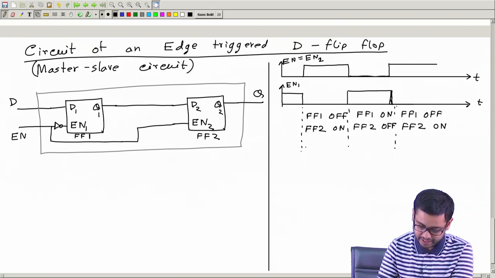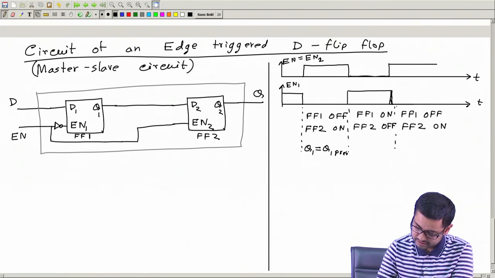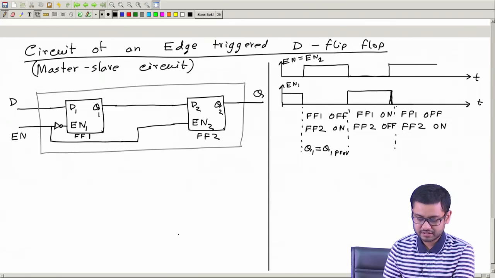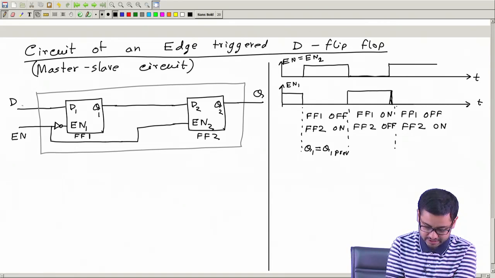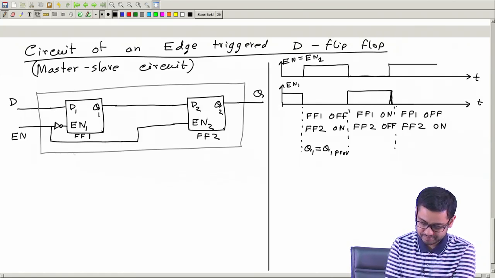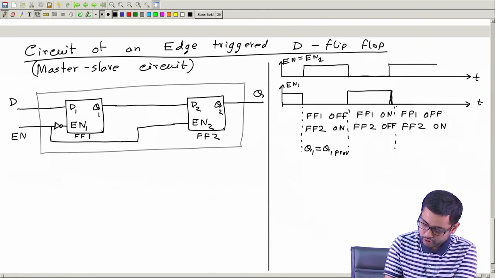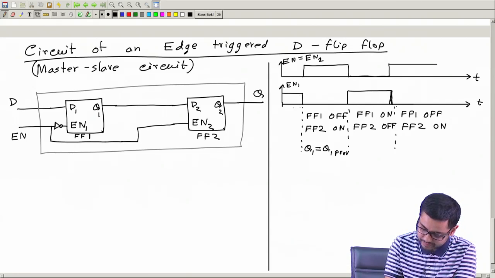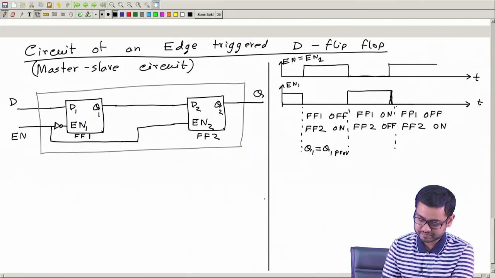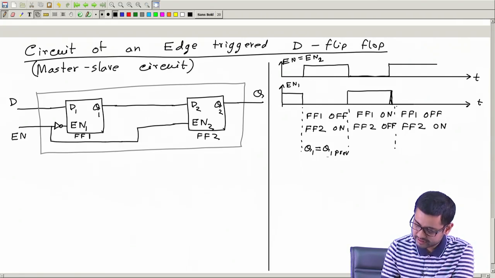So, therefore, here I can write Q1 will be equal to Q1 previous, right, because D cannot go to Q1 because FF1 is off. So, Q1 will remain as its previous value, whatever the value was before this instant, that value of Q1 will remain here.